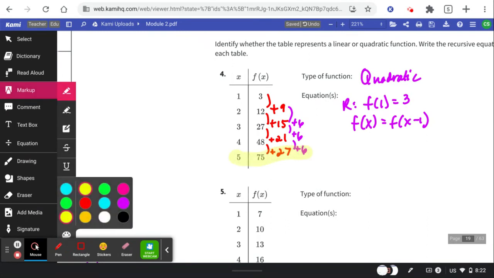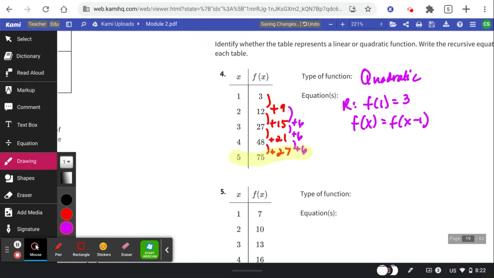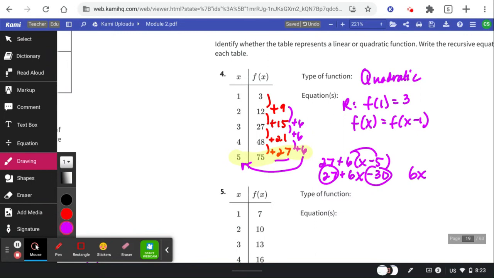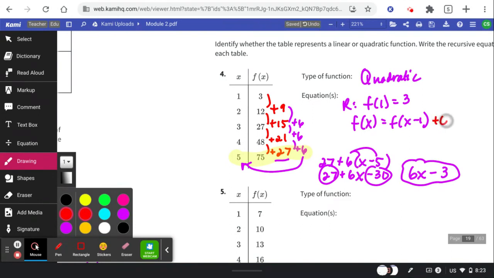So pick a row, any row, and I go begins with 27, adding 6 each time to the one before, 5. So 27 minus 30 is going to give us minus 3. So there's my recursive piece.